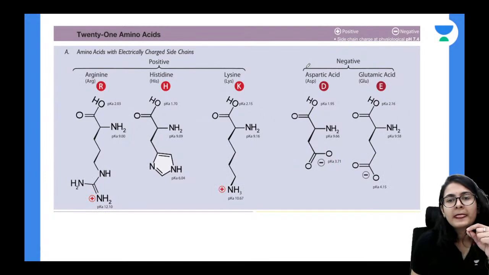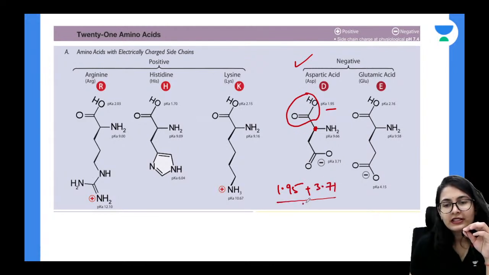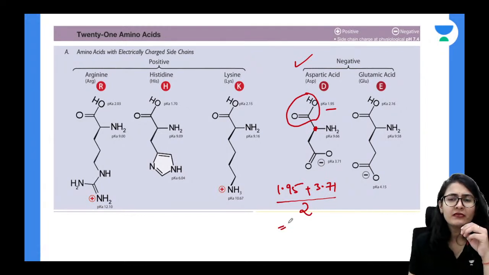See this, look at aspartic acid. The value for one carboxylic acid, which is the alpha carboxylic acid major group, is 1.95, plus the value for another carboxylic acid group, which is 3.71. So this divided by 2 is going to give you the value for the isoelectric pH. Why is it like this here?